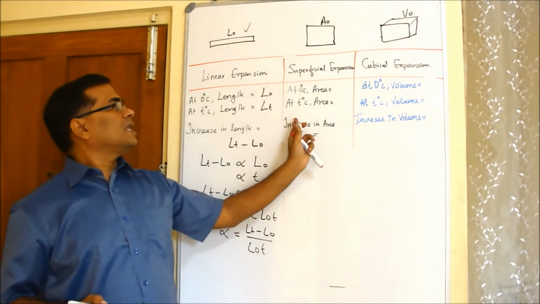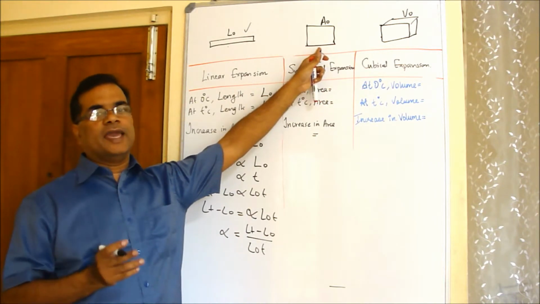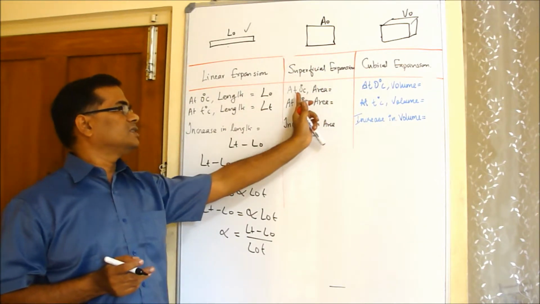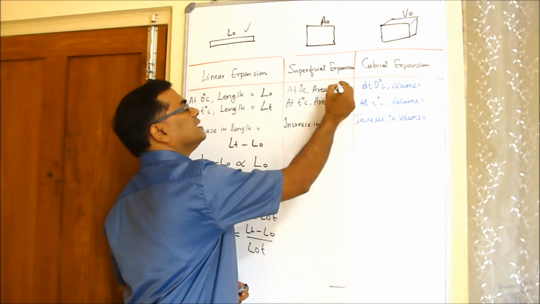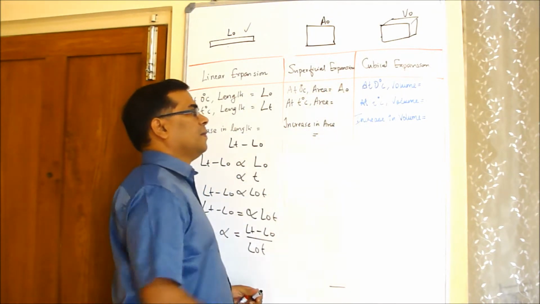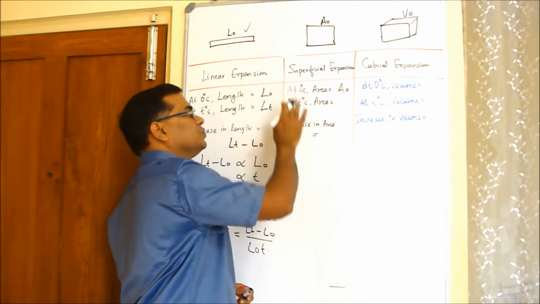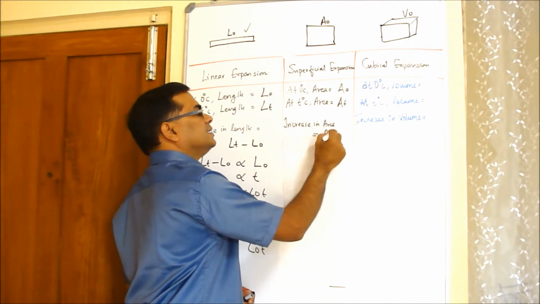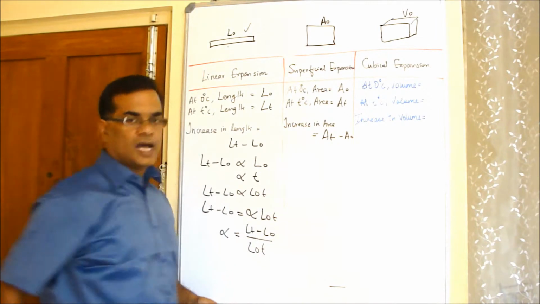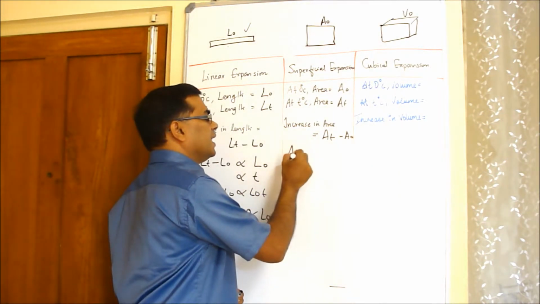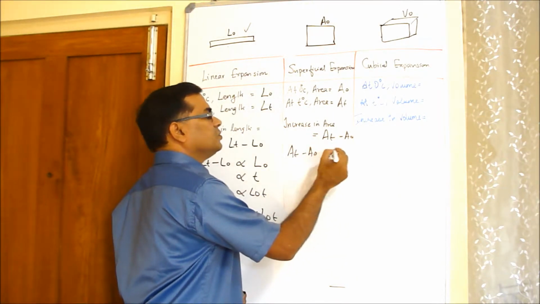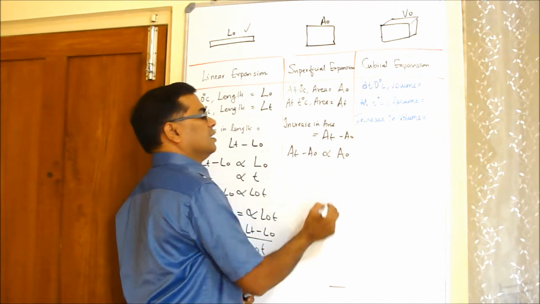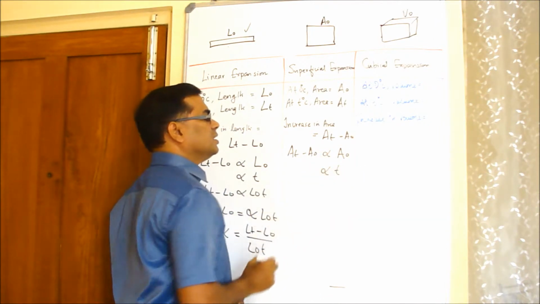Coming to the superficial expansion, consider a plate of area A0 at 0 degree centigrade. At 0 degree centigrade, area is A0. On increasing the temperature through T degree centigrade, the area becomes AT. Increase in area is AT minus A0. As we know, the increase in area is proportional to the original area. It's proportional to the rise in temperature.